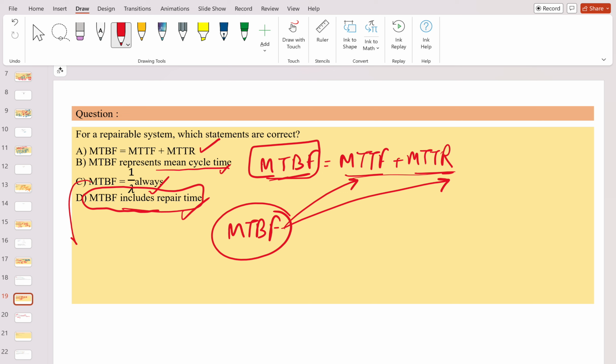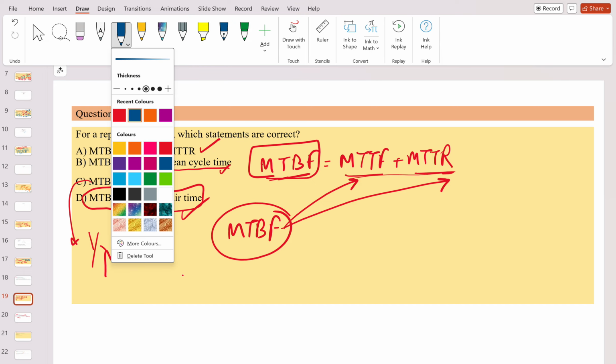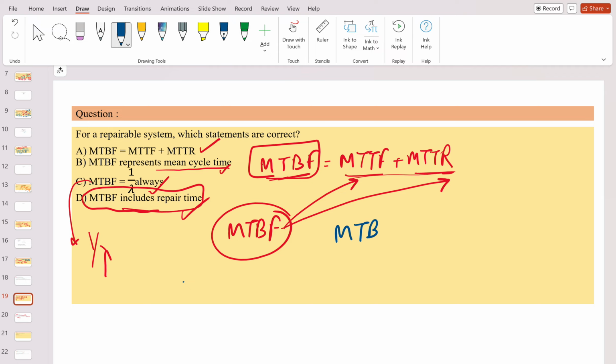When you see MTBF is 1 upon lambda always, that is false, because in the equation MTBF is equal to MTTR plus MTTF, mean time to failure. And mean time to failure, what we have seen, for a non-repairable system is 1 upon lambda, or generalized, a constant hazard rate, a constant failure rate, 1 upon lambda.